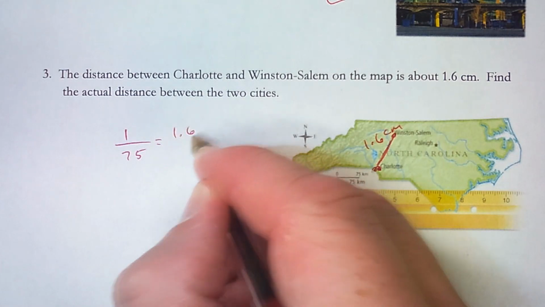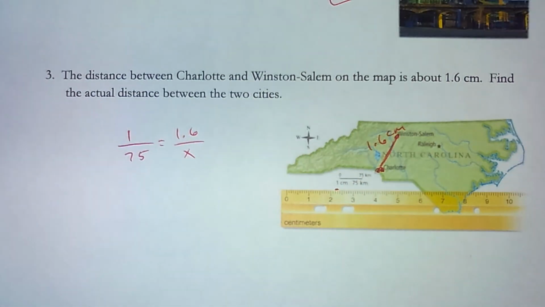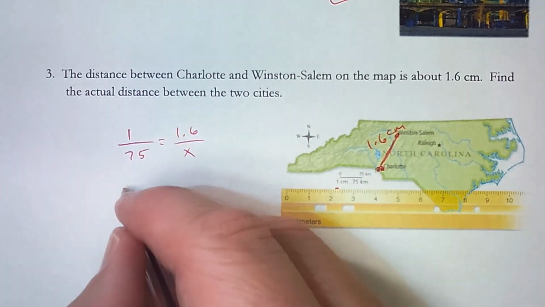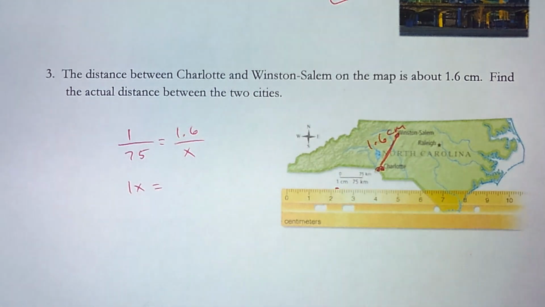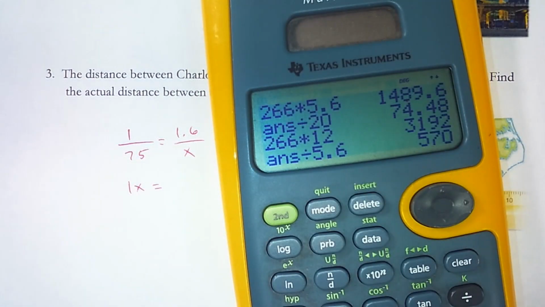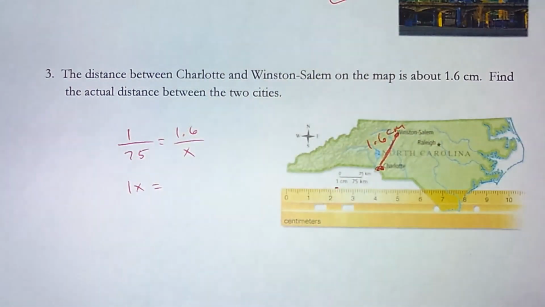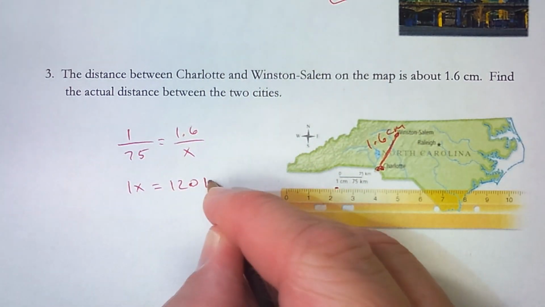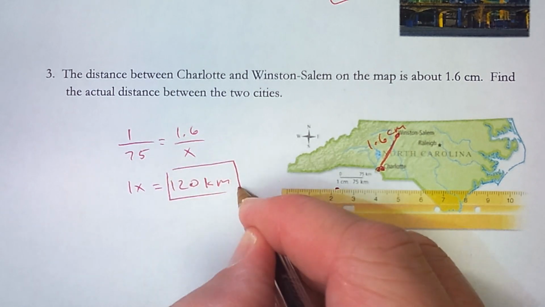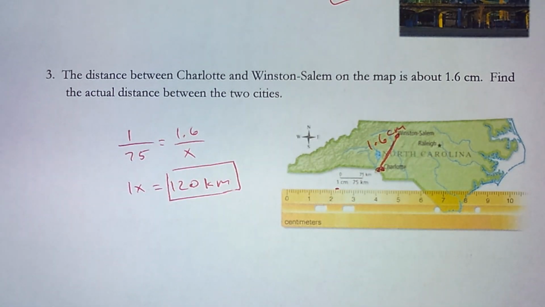On the map, we're looking at a distance of 1.6 centimeters. So how many kilometers is it? 1 times x, which is just x, and 75 times 1.6 is 120. Two cities are 120 kilometers apart.